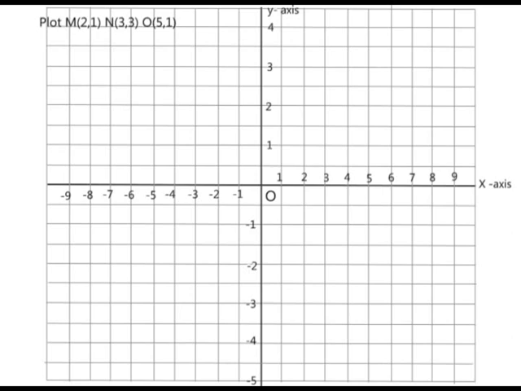For M, we move 2 points on the x-axis on the positive side because it's positive 2. And again, we move 1 point along the y-axis, again on the positive side.